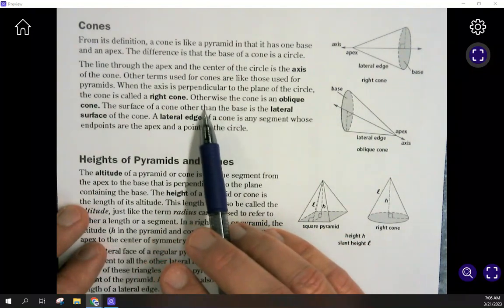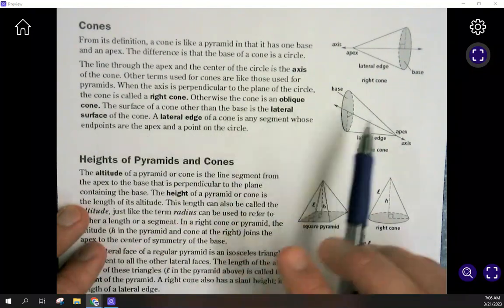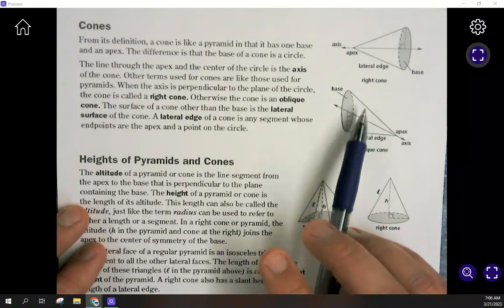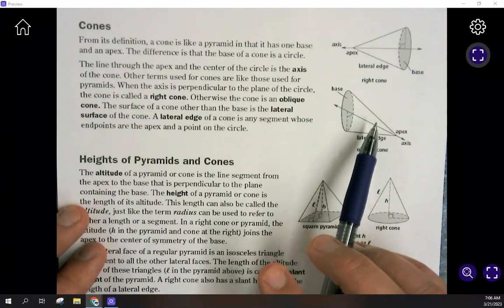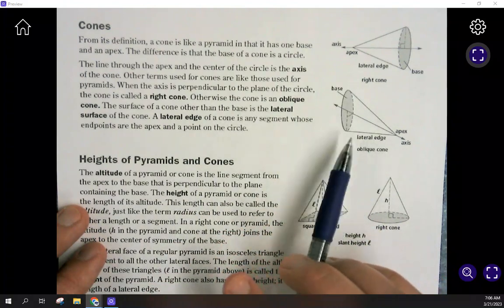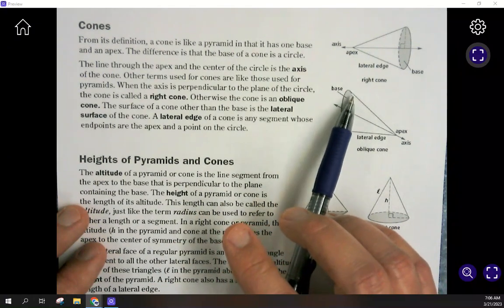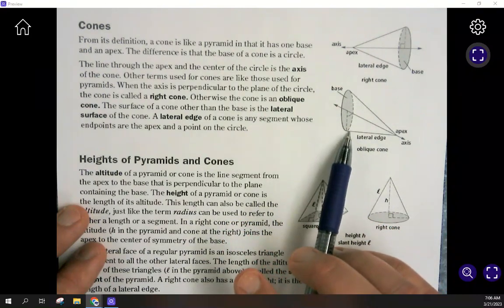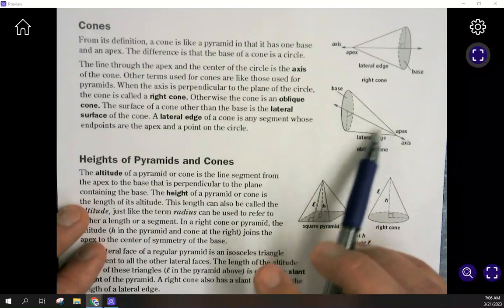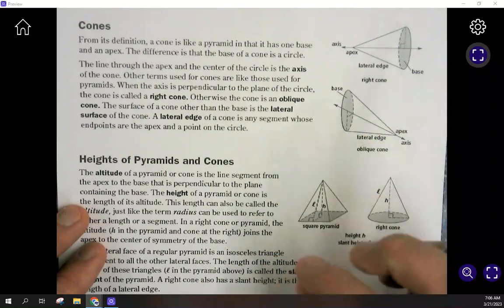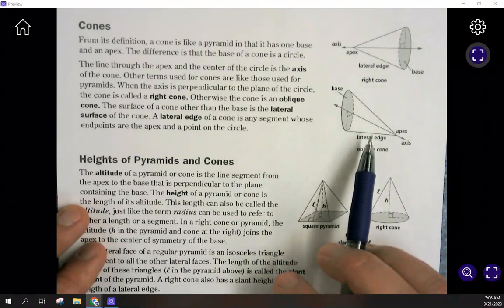So the surface of a cone other than the base is the lateral surface. So we don't have true lateral edges because we don't have the connection of sides here. But if we look at the cone from the side, just looking at it from the side view, the edge that we see here, even though it would be smooth because this is a cone, we wouldn't be able to feel that same edge like we would with the pyramid.